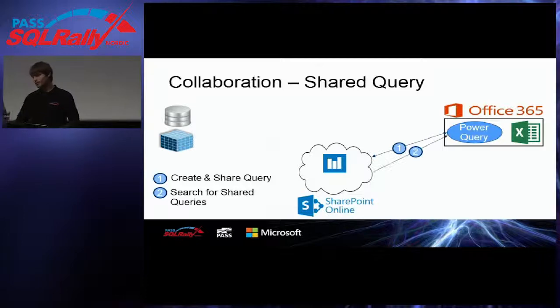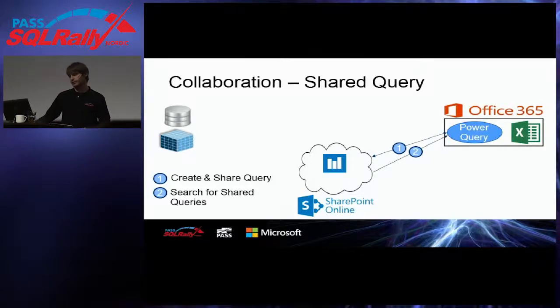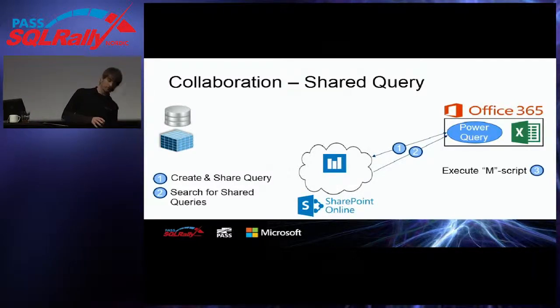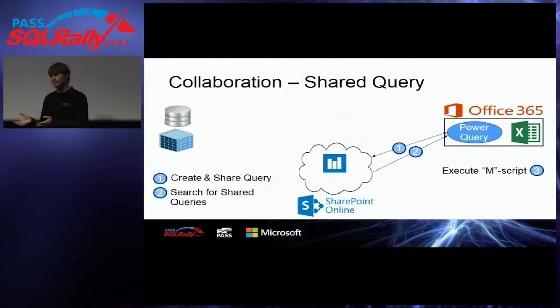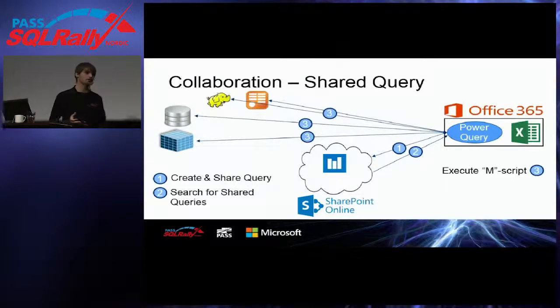And when you found it, you basically load the definition or the script of the Power Query to the client and execute it from there. And you do not have the limitation anymore to connect only to SQL databases. You can also connect to Hadoop or OData and so on.